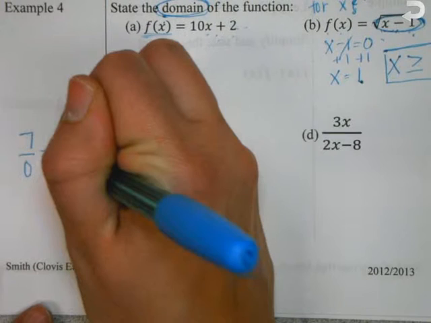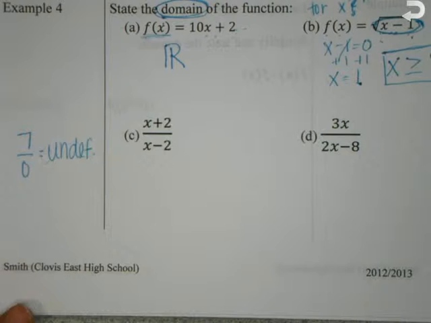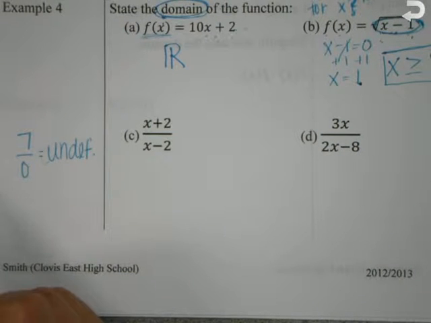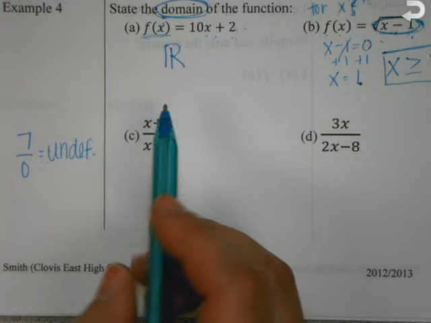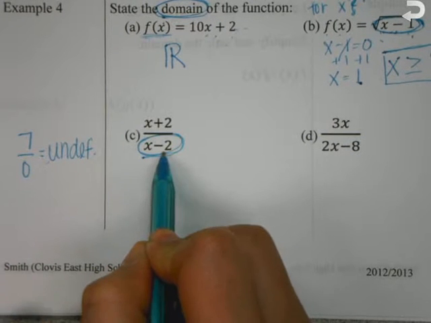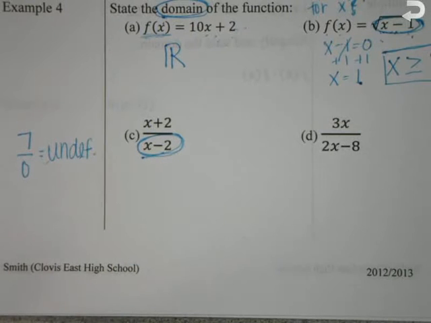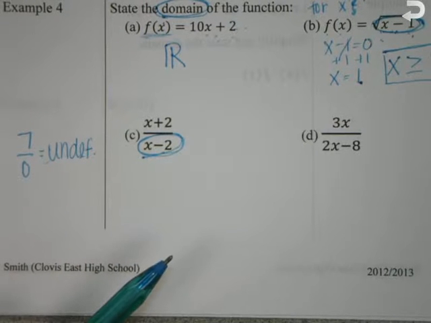So looking at my fraction, I'm not limited to what I can plug in except for one number. What is the only number that I can't have equal to x? 2. Well, if my denominator can't be 0, let's set the whole thing equal to 0.